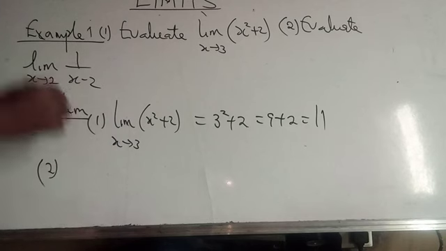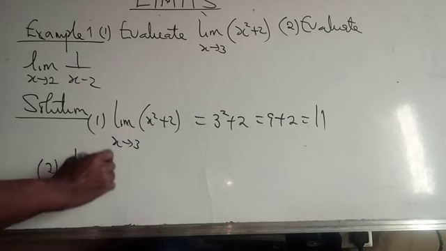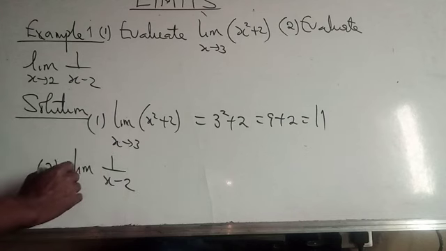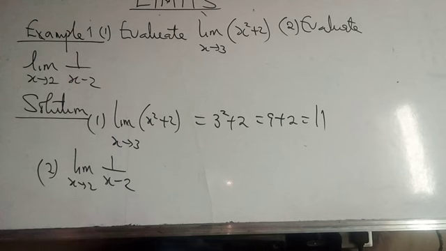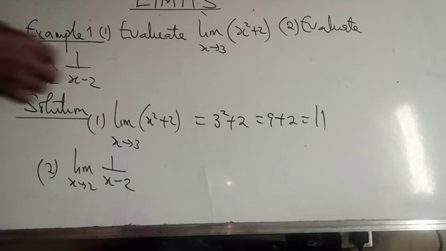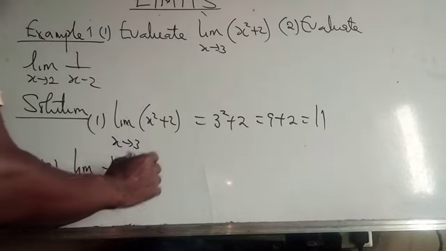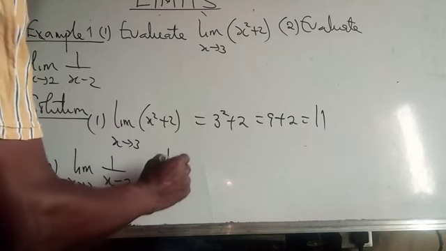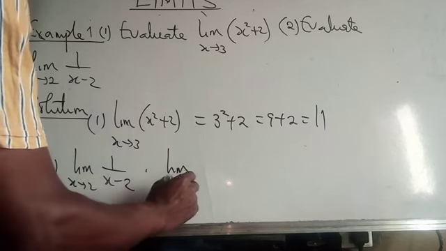Now you observe we have the limit of 1 over x minus 2 as x tends to 2. Here, it will be relevant and appropriate for us to find both the left hand limit and the right hand limit. Let's start from the right hand side. Limit as x tends to 2 plus.